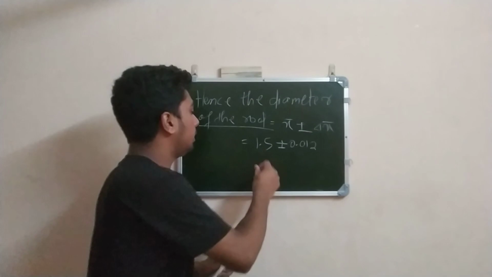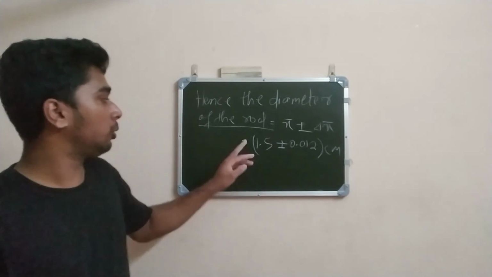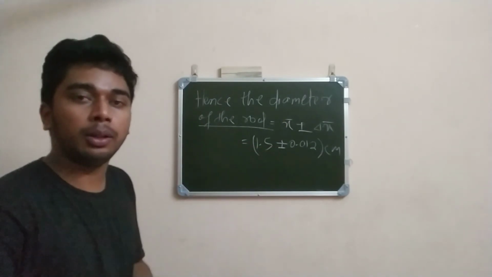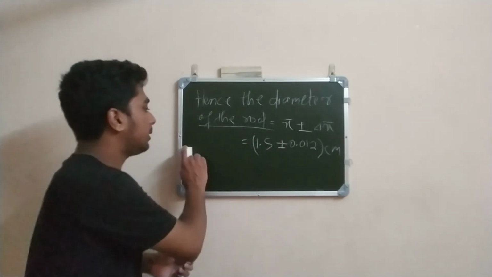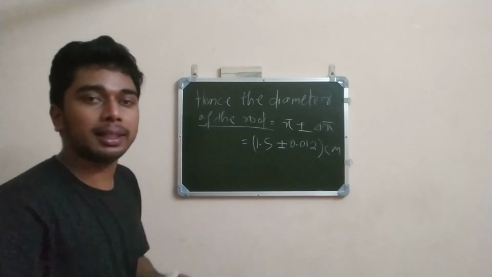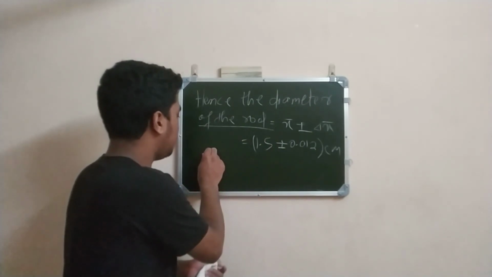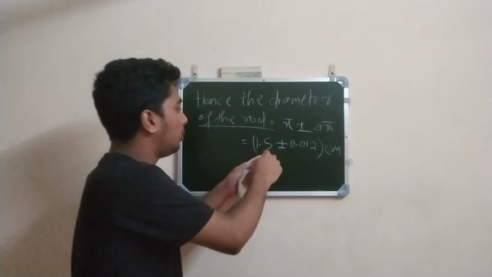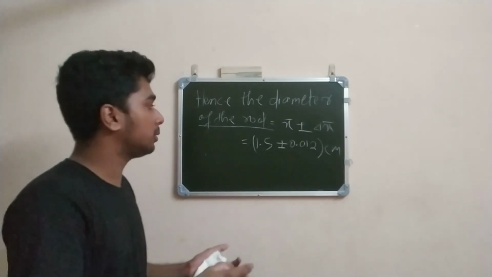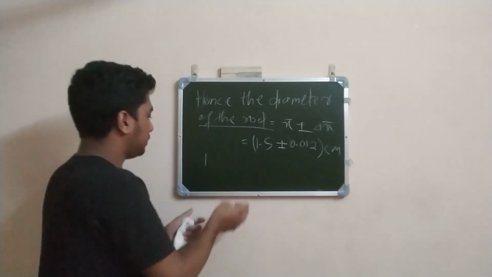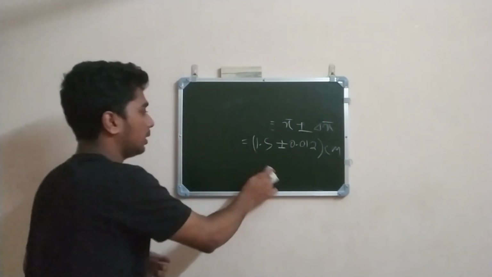So here I find that the diameter of the rod is 1.5 plus or minus 0.012 centimeter. Why did I add plus or minus here? It says the maximum deviation from the actual value will be either 1.5 plus 0.012 or the minimum value, 1.5 minus 0.012. What does it mean?